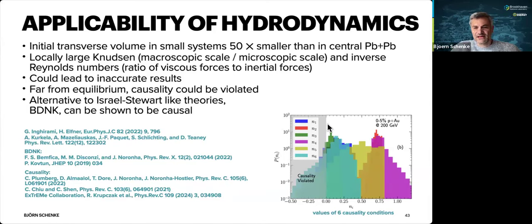Then you can look at different causality constraints that these authors derived here. And indeed, there are situations where one or the other constraint, numbered here N1 through N6, is violated, right? If they have negative values, then you have causality violation. This is in a proton-gold collision, the ones that we essentially just looked at. So there might be issues with that if that happens in the code.